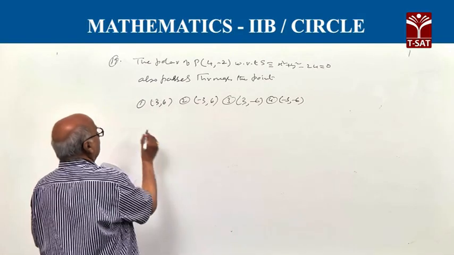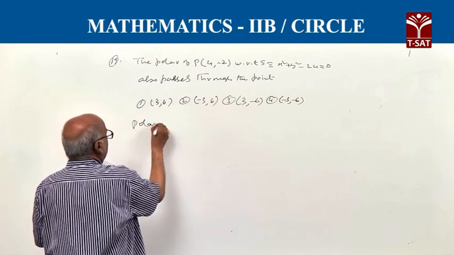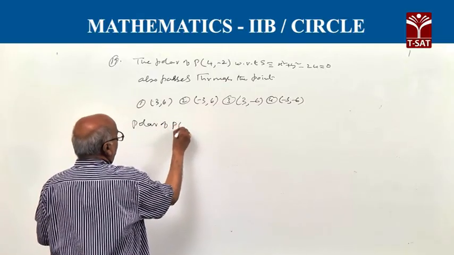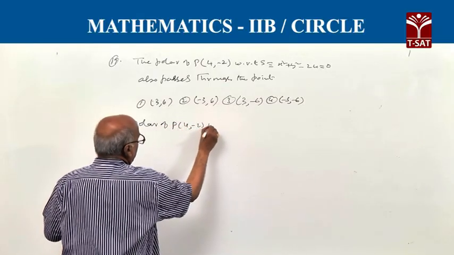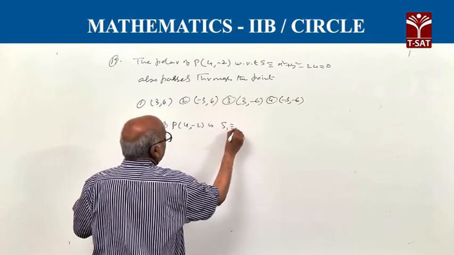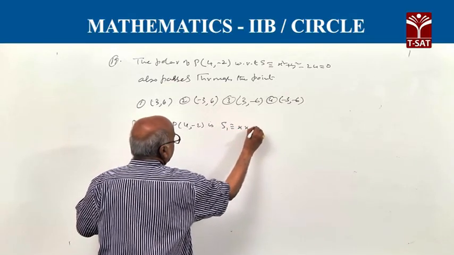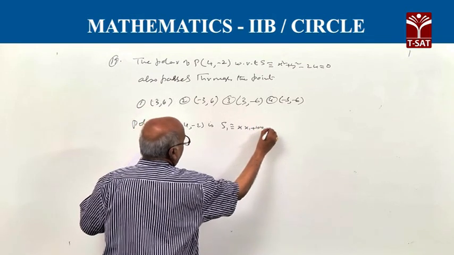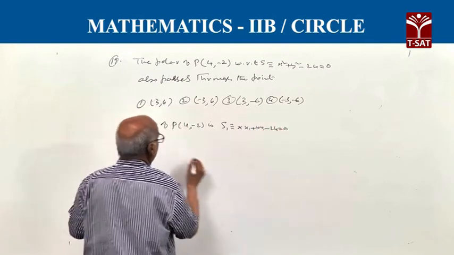Right. Now, the polar of P(4, −2) is S1 = xx1 + yy1 − 24 = 0.